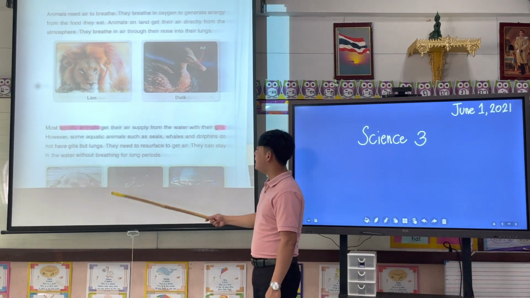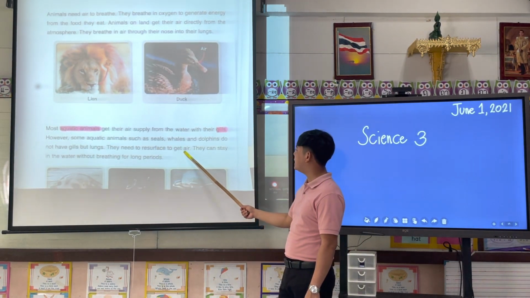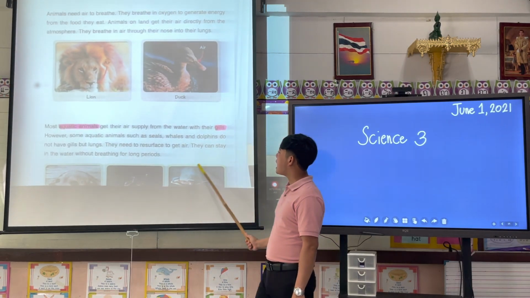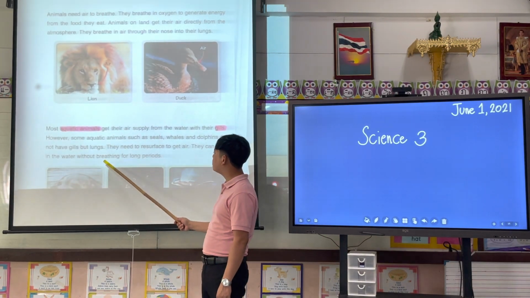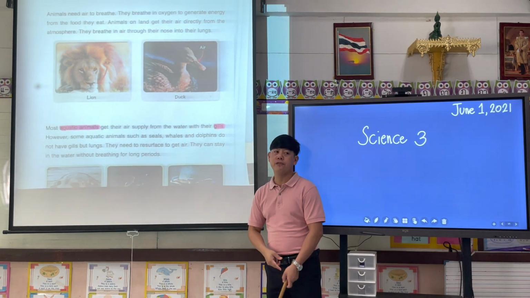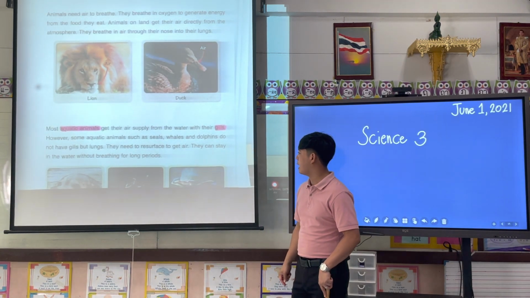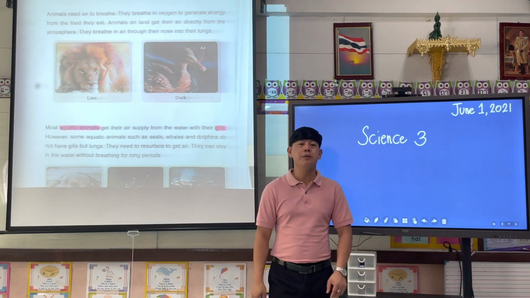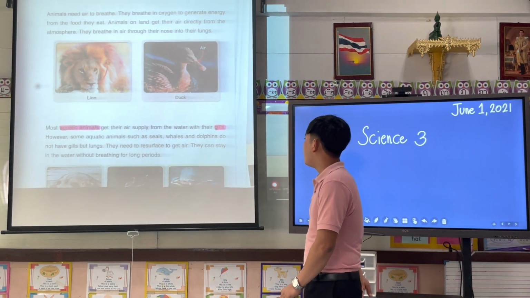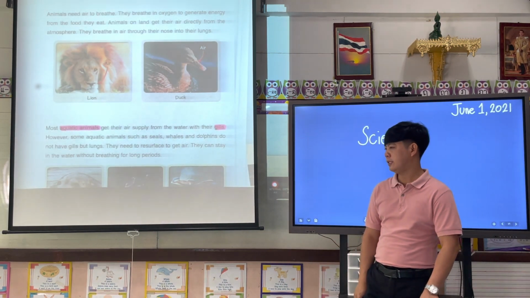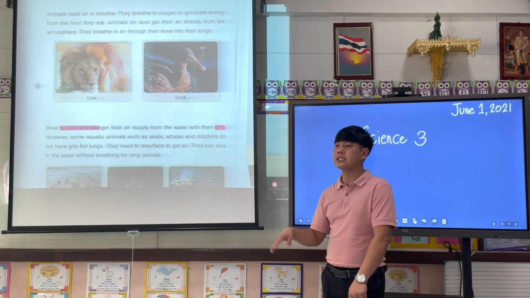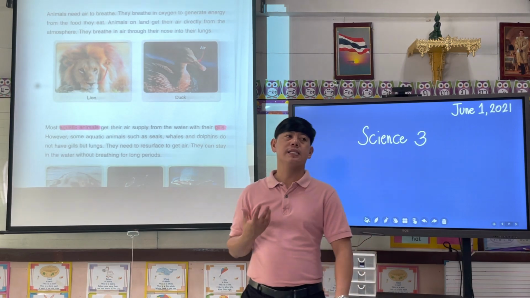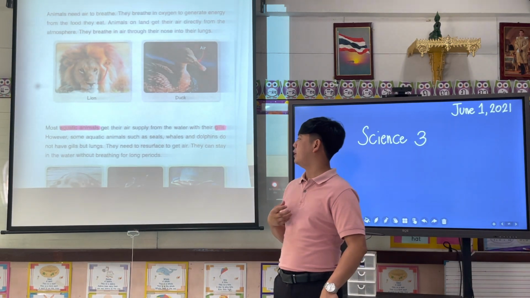They need to resurface to get air. They can stay in the water without breathing for a long period. Why do some whales like to breathe sometimes on the water?